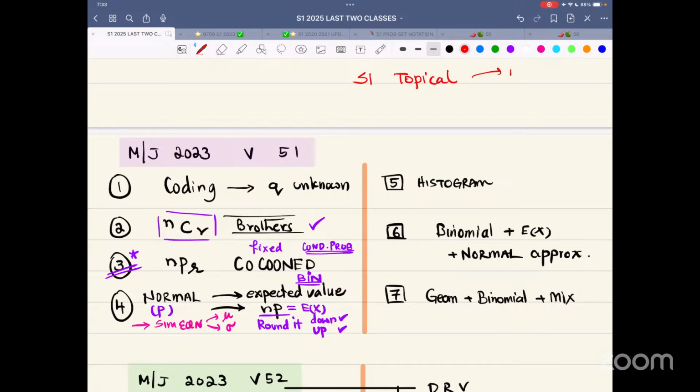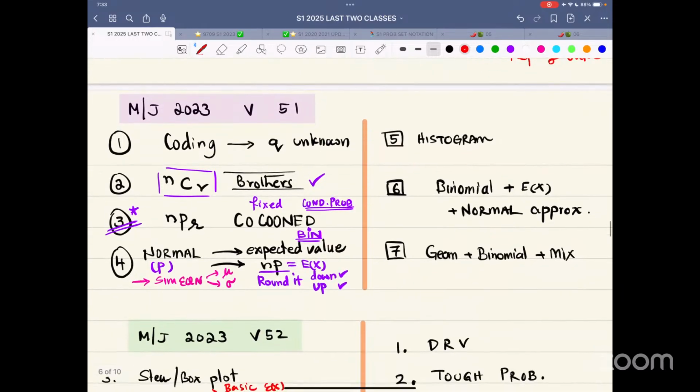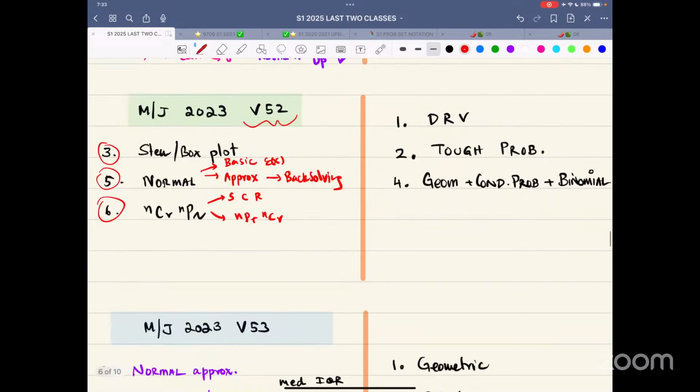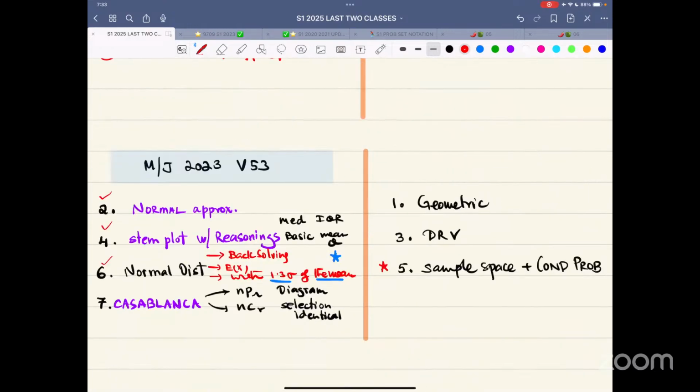In that, I discussed normal, perms and comps, and representation of data, descriptive statistics. The chapter goes by this name. And these were the questions that were solved over there: these 4 questions, these 3 questions from this variant, and these 4 questions from this variant.